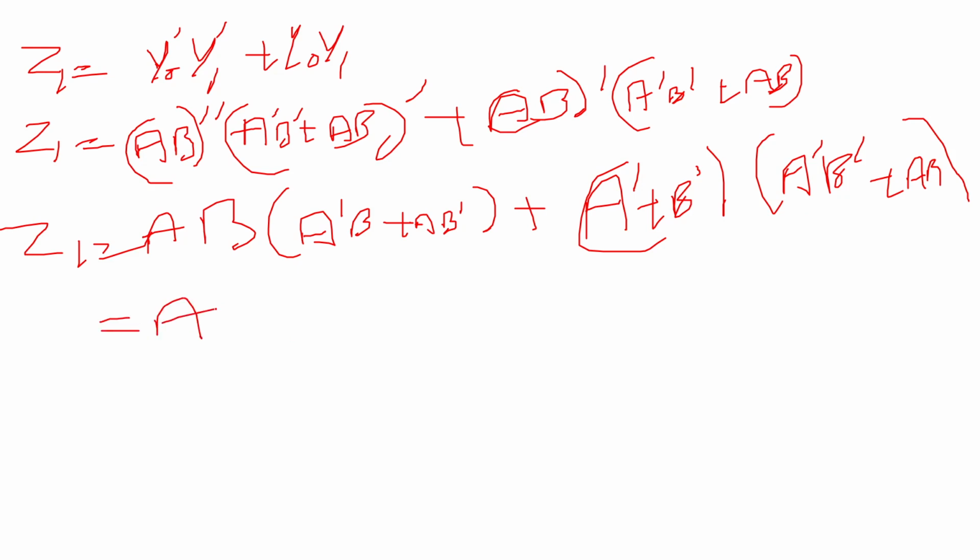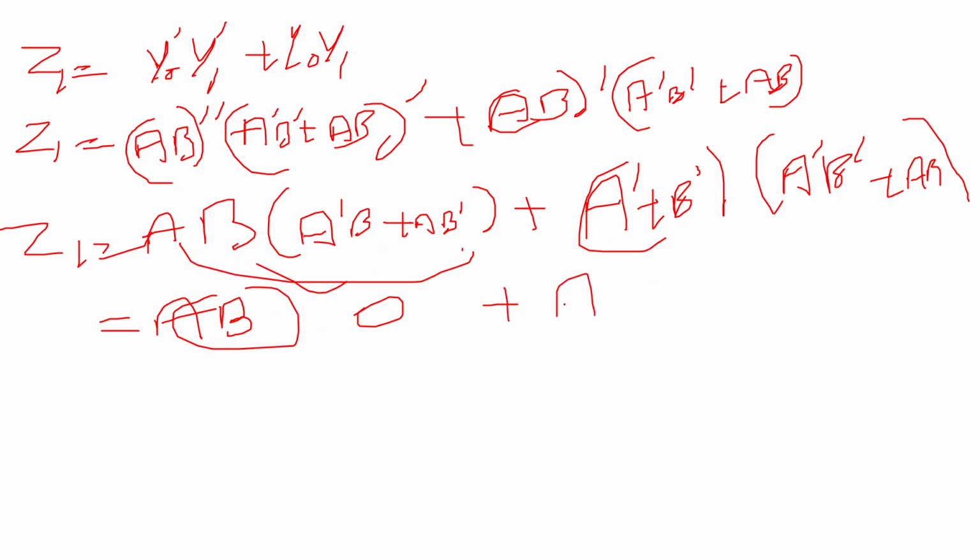So this is a b, and when we multiply it by a complement this will be 0, and when we multiply it by b complement this will be 0. So nothing comes out from here, so only things that will come out will be from here, that is a complement b complement plus a complement a b will be 0 plus b complement a, so it will be a complement b complement plus 0.